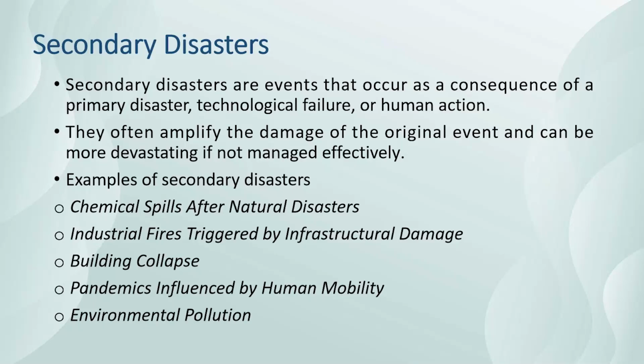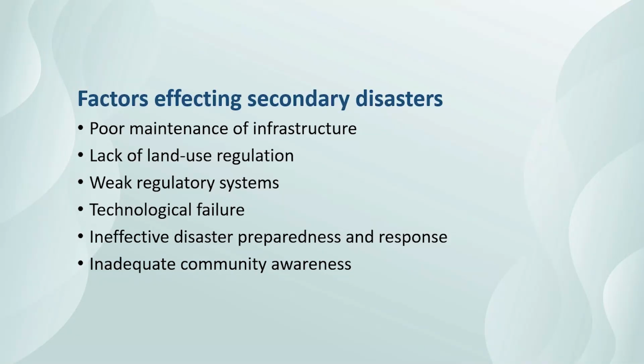Secondary disasters are aggravated by the following factors: poor maintenance of infrastructure, lack of land use regulation, weak regulatory systems for the industries, and technological failure. Ineffective disaster preparedness and response is another big cause and impacts the communities.